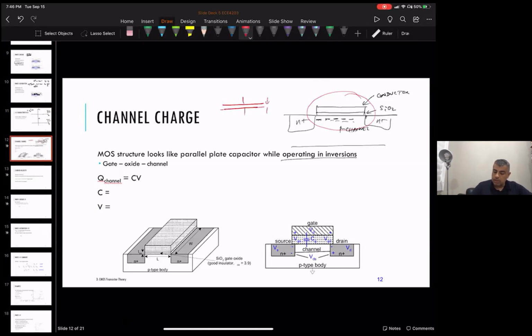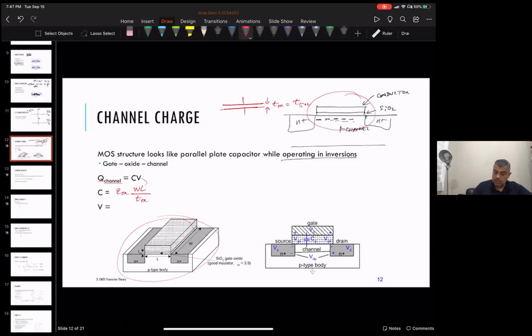It looks like a parallel plate capacitor with the thickness of the oxide being the thickness of the silicon dioxide, okay? And the model for the capacitance of the parallel plate capacitor, which I'm not even drawing well, you can see it drawn here better than I can draw it, is the dielectric constant of oxide times the area of the plate over the thickness of the oxide.